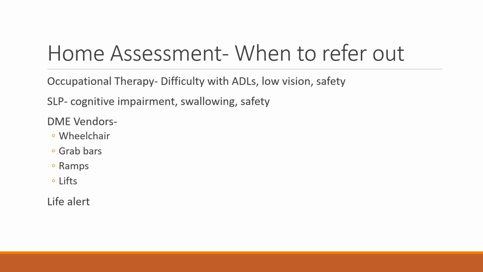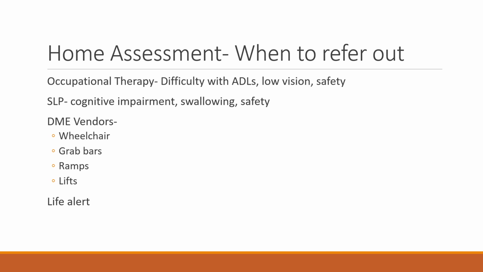As good as we are at home assessments, our scope of practice does have limitations, and we also need other disciplines to get involved. This is what the multidisciplinary system is super helpful for. If someone is having difficulty with ADLs, like getting dressed or preparing a meal, then an occupational therapy referral will be helpful.